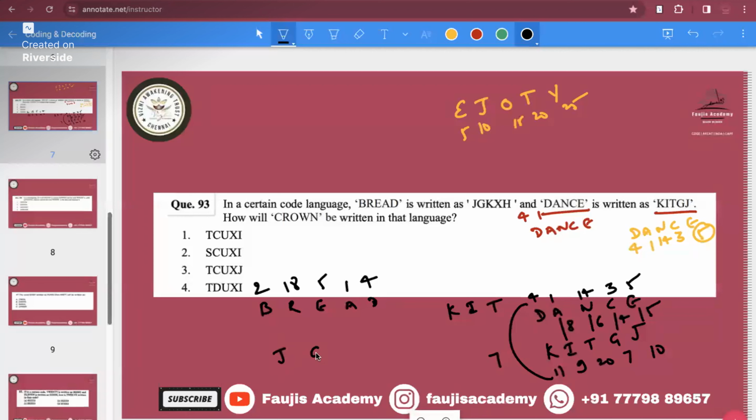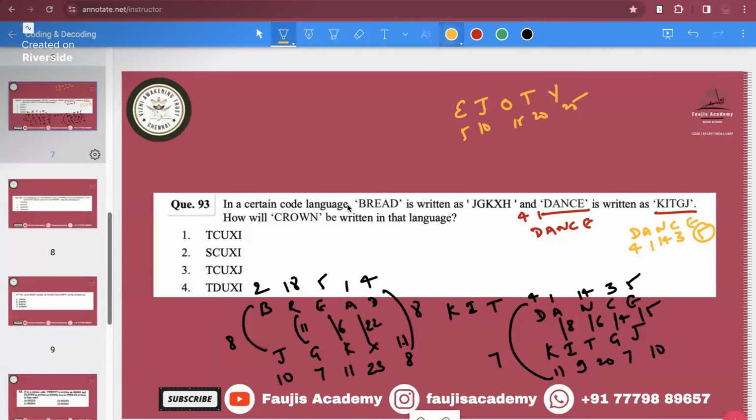Then your J, G, K, X, H. J is 10, G is 7, K is 11, W, X, Y, so that is your 23. E, F, G, H, H, I, J, so H is your 8. So 2, 18, 4, 1, 5 become 8, 11, and the differences are 6, 22, 8.